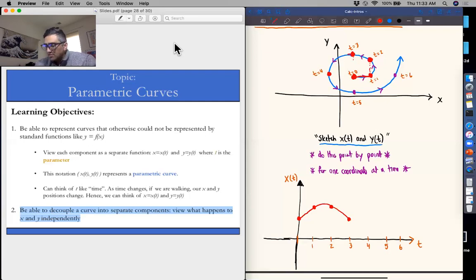All right, what's happening now between t equals 3 and t equals 4? Well, the x value is going from a positive x value to a negative x value. In general, x is still decreasing because we're moving to the left in the xy plane. Again, focusing on just what's happening in terms of the x value. We're moving horizontally left, which means our x value is decreasing.